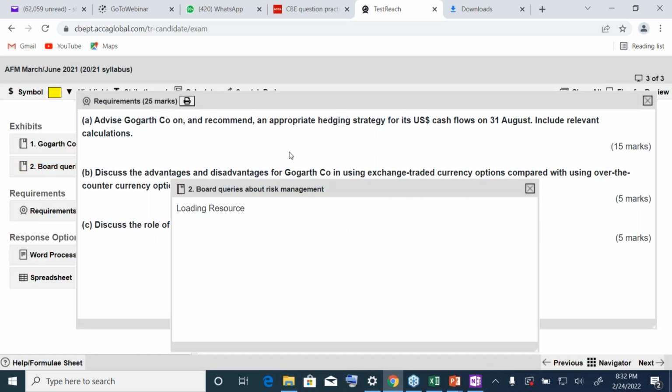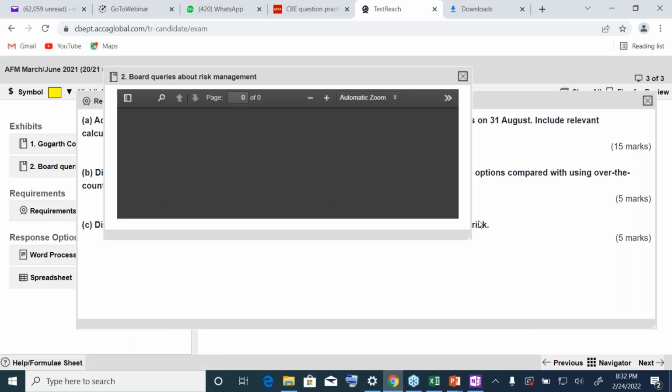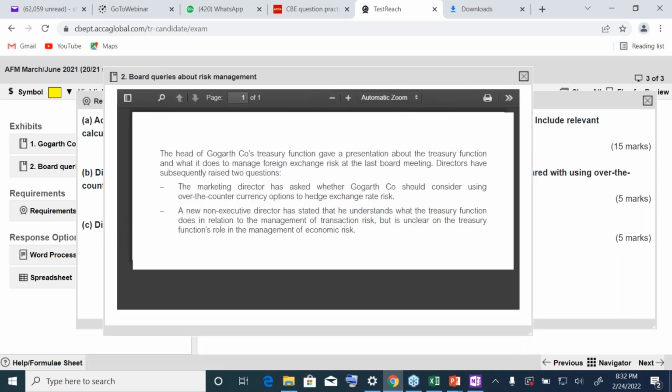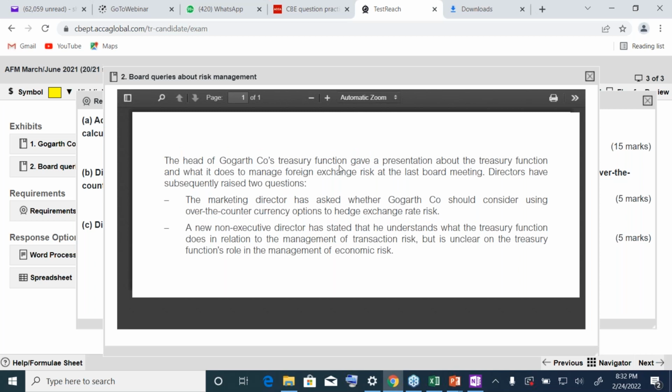Next is the second exhibit. The head of G's treasury function gave a presentation about the treasury function and what it does to manage foreign exchange risk at the last board meeting. Directors have subsequently raised two questions. Number one, the marketing director has asked whether G company should consider using over-the-counter currency options to hedge exchange rate risk.